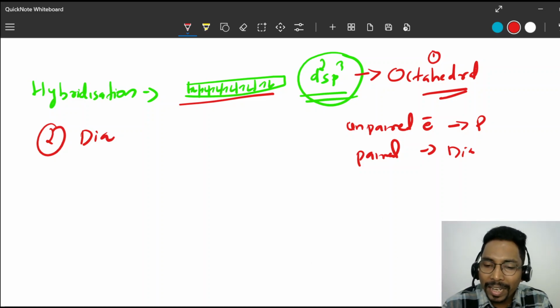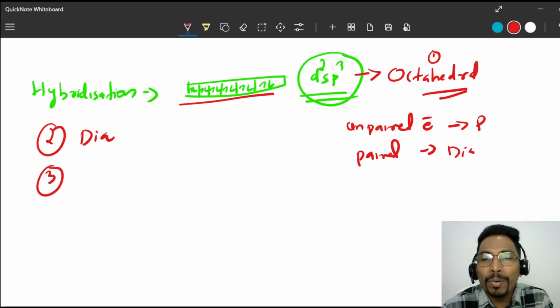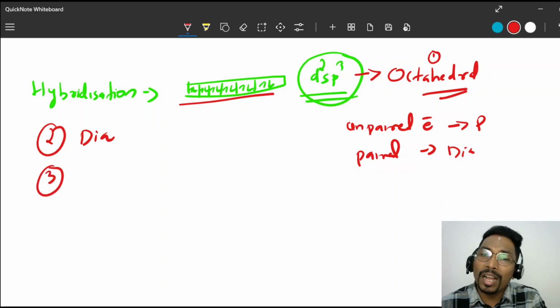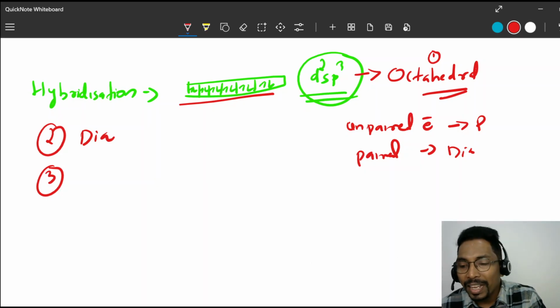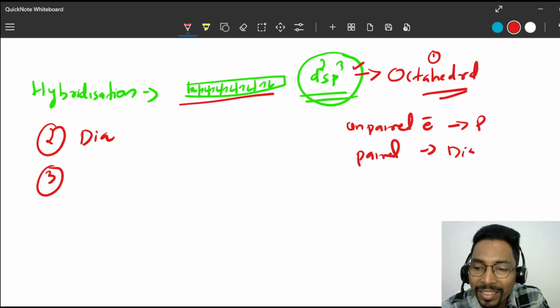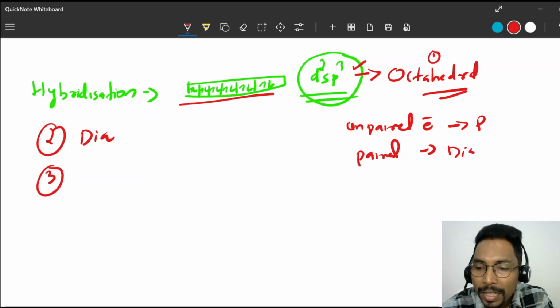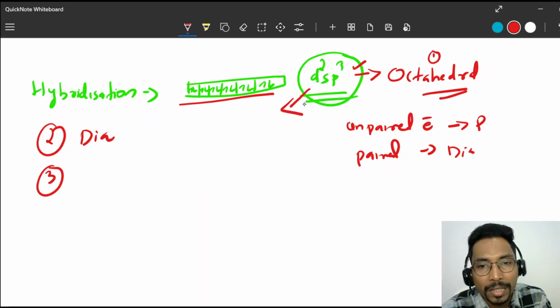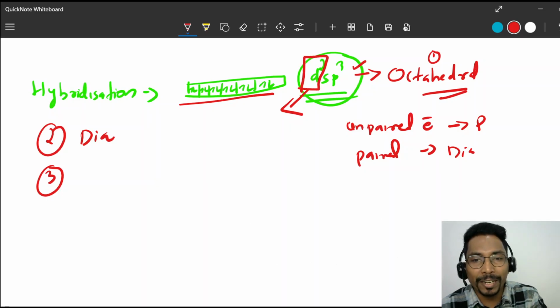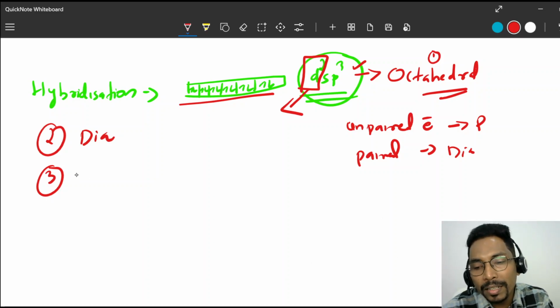And the next point, the complex is inner complex or outer complex. See the hybridization, that is d2sp3, right? This concept is only for octahedral complexes, inner or outer. If the hybridization pattern is d2sp3, you can see they are utilizing the inner d orbital, right? So d2sp3 is an inner orbital complex.